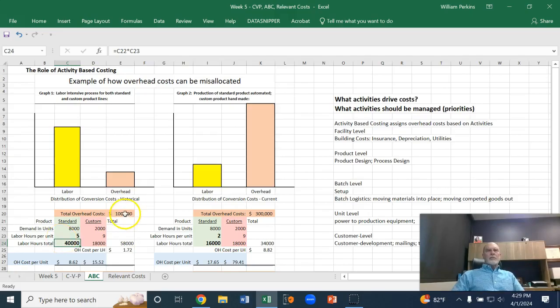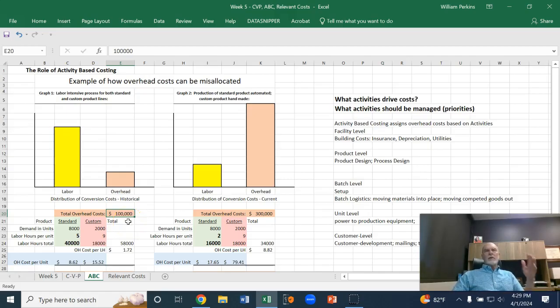Well, let's assume that we have $100,000 of overhead cost. Now the labor cost would be assigned based on the labor rate and the number of hours that we're working. But how do we assign the overhead cost? Because everything goes through the factory, and that overhead cost consists of the power, the utility costs, the lighting, the heating, the air, the heavy-duty equipment depreciation, and so forth.